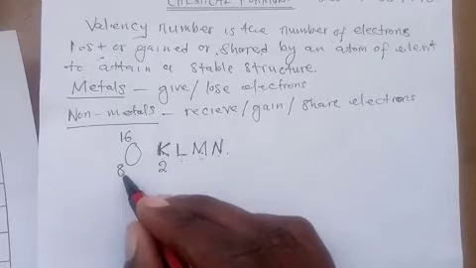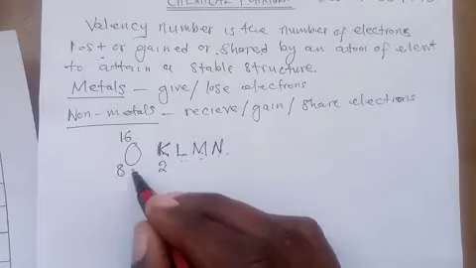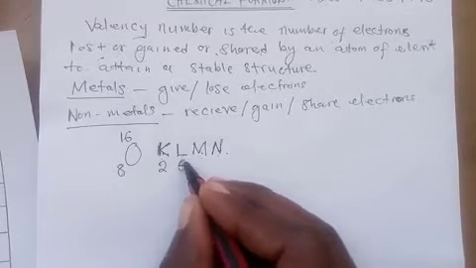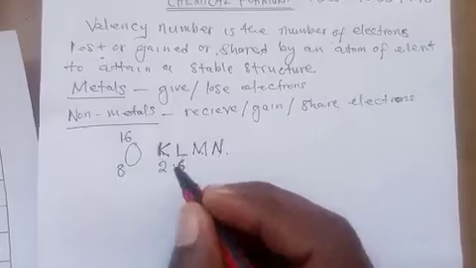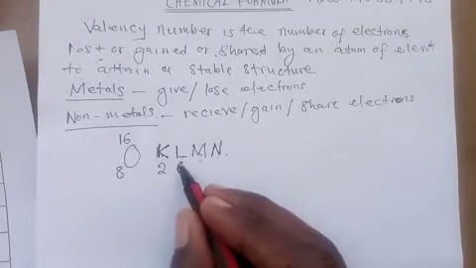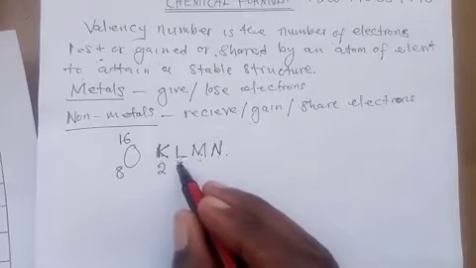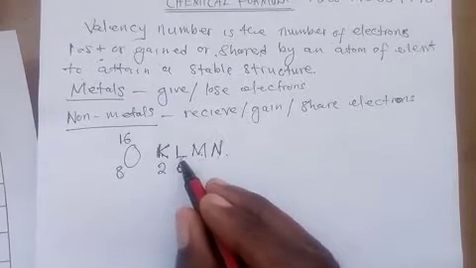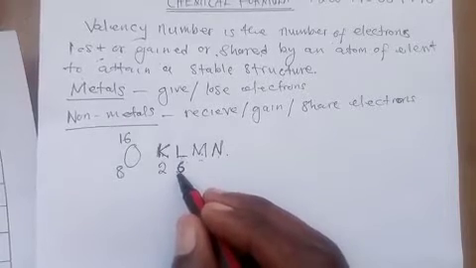So when you subtract 2 from 8, you have what? 6. Okay, so you ask yourself, how many electrons are left for this energy level, the L energy level, to be full?